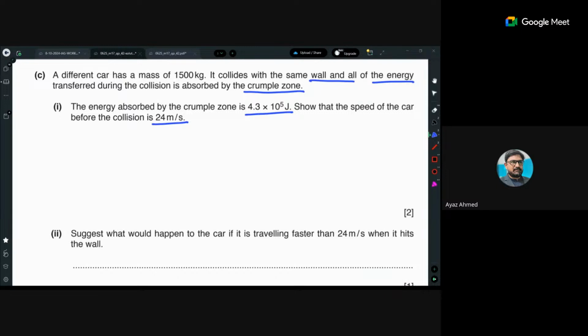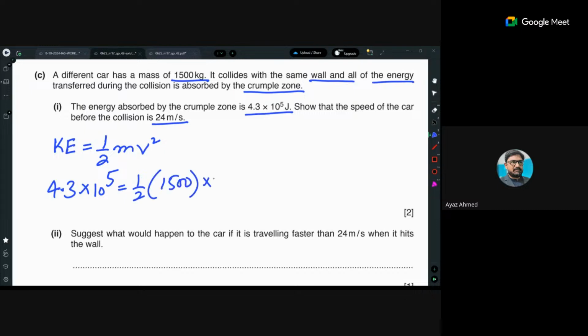So here the concept is that the kinetic energy of the car is converted into the deformation energy. So we can say that all of the kinetic energy of the car is equal to 1 by 2 mv square. So it is 4.3 into 10 to the power 5. That is equal to 1 upon 2, 1500 into v square. Just calculate v for me. We have to show it.